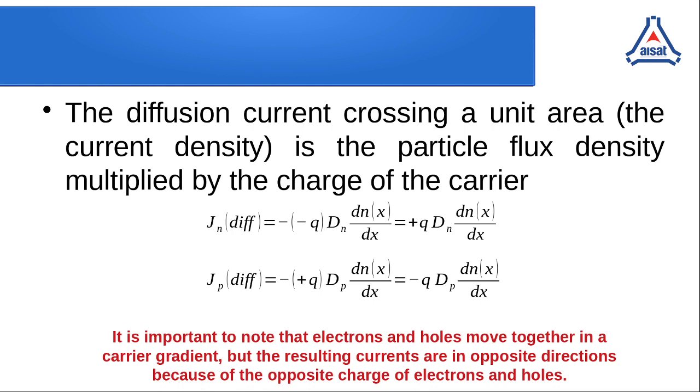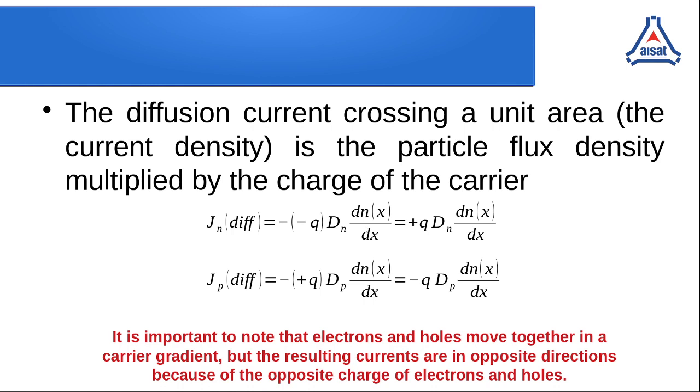So the electron diffusion current will be equal to minus q, which is the charge of the electron, times dn(x) by dx. That minus and minus will become positive, which will be equal to plus q Dn dn(x) by dx.